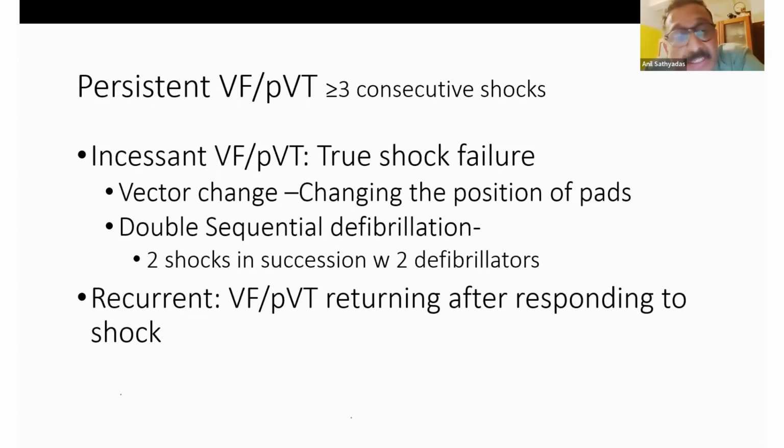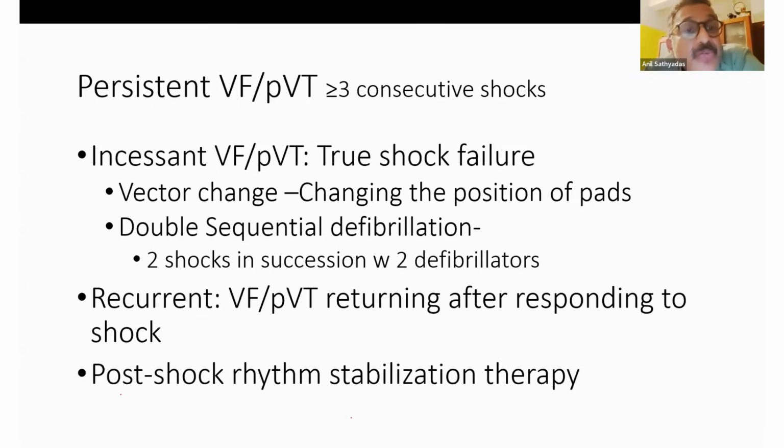In such patients, it would be difficult for us to see whether it is incessant or recurrent unless you have continuous monitoring of the ECG. So in such cases, you should use drugs that would stabilize the heart, to stay in sinus rhythm rather than going back to VF.